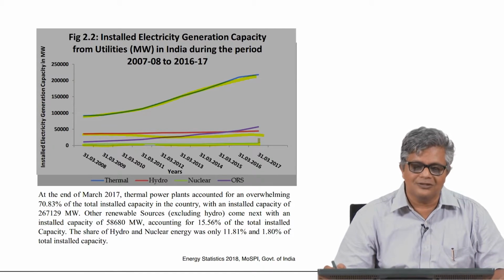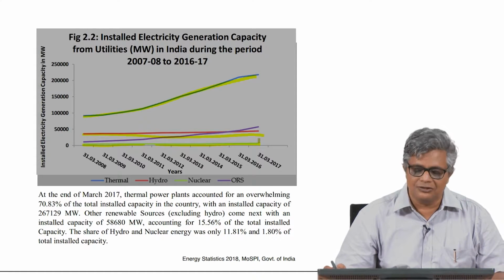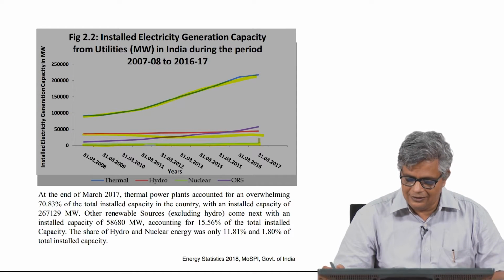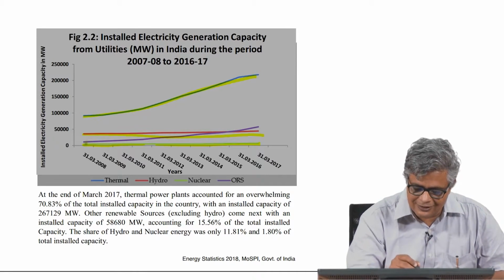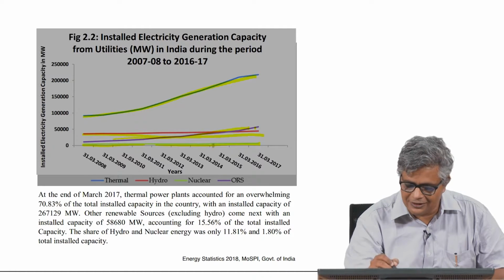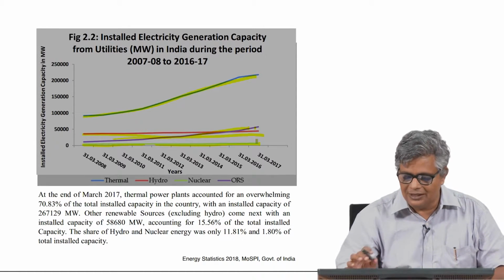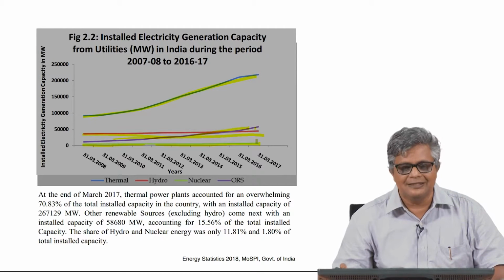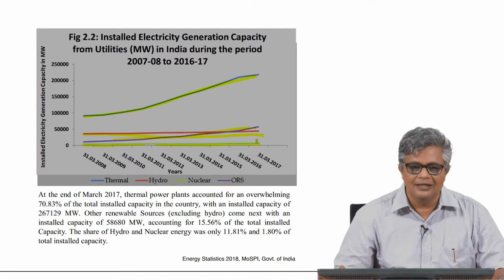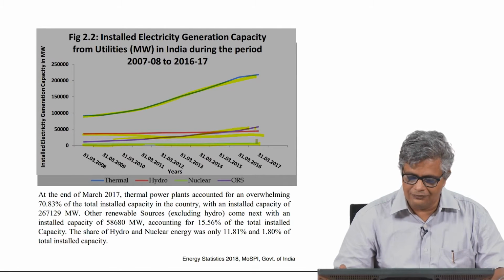So, the contribution of solar, wind and biomass to electricity generation is very small in India, and that is an unfortunate thing. Other renewable sources in terms of capacity is increasing, and nuclear is very small. It is expected to be rising somewhat with the commissioning of new power plants which are on the anvil.